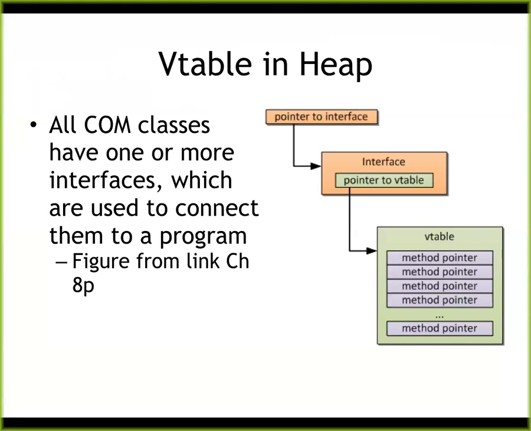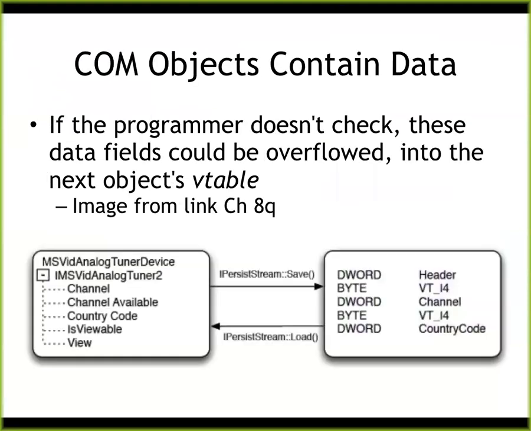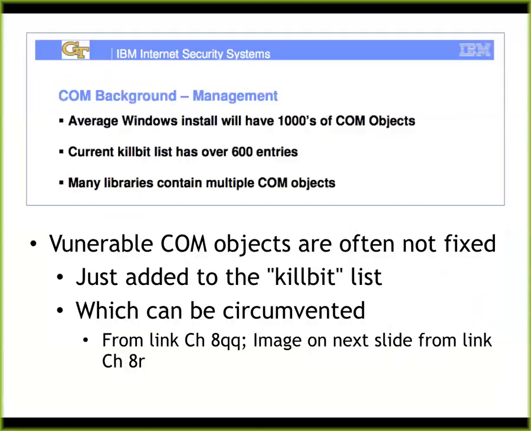So there's a whole bunch of pointers created on the heap that are used as addresses to call code. So that's just asking for it. And if you can overflow into the next object's vtable, you can overwrite these pointers, and when that function is called, you have control of the machine. So it's handy. A whole bunch of pointers used for calls.